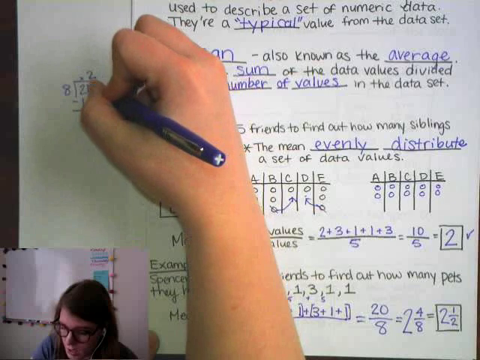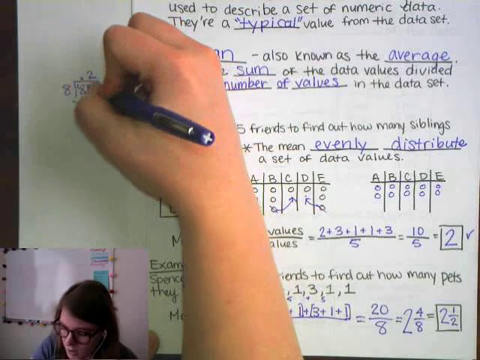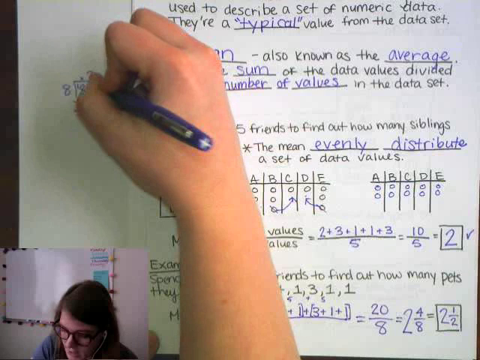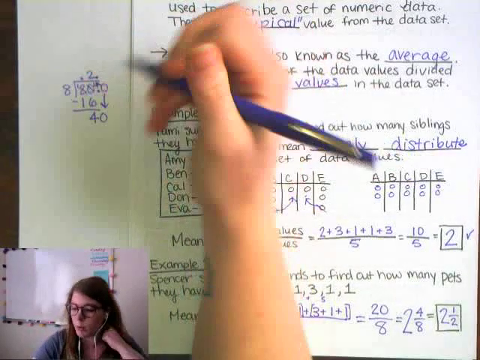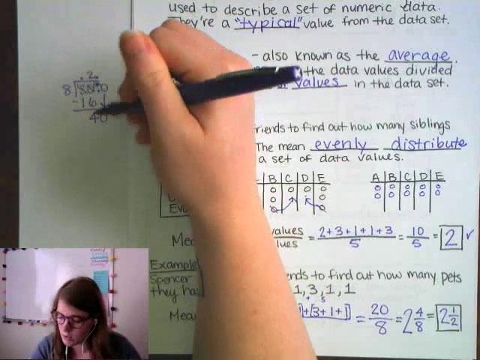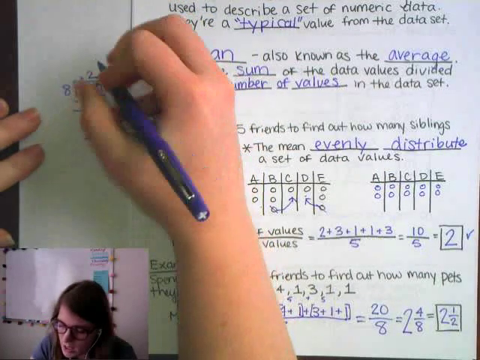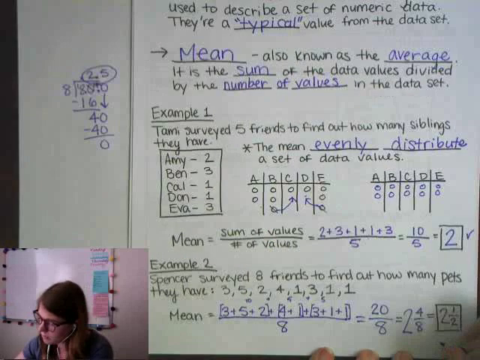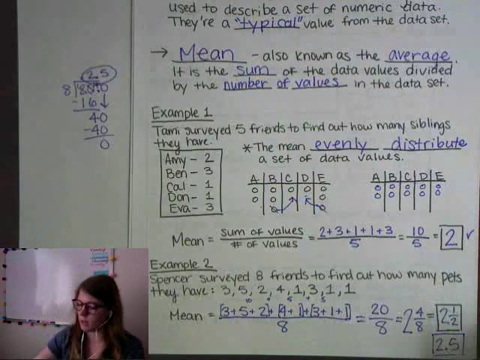If we subtract, 20 minus 16 is 4. We know now that we can add a decimal, bring that up, add a 0, bring that down. 20 is the same as 20.0, 20 and 0 tenths, excuse me. So then 8 goes into 40 exactly 5 times, which is 40, and we are done. So 2.5, or 2 and 5 tenths, same value.